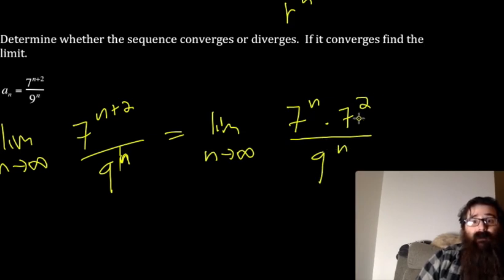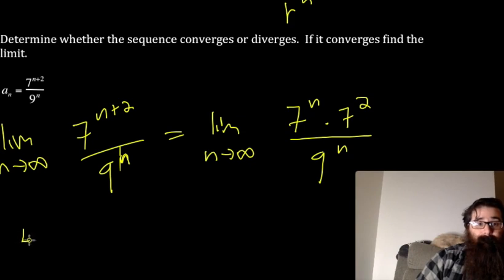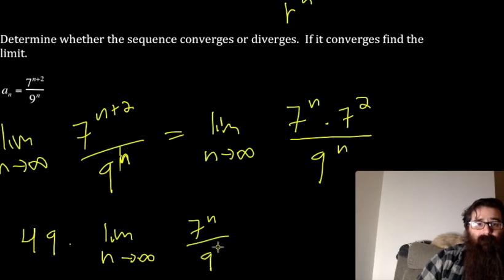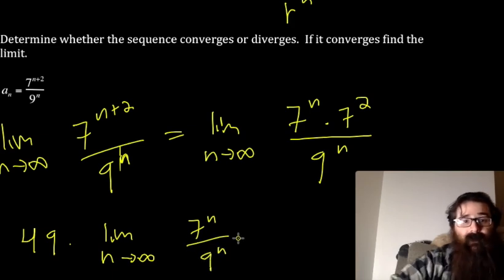And from there, I can take this 7 squared and, if I want, bring it out front of the limit notation. Yeah, I can do that. It's just some coefficient. 7 squared, that's going to give me 49. Times the limit as n goes to infinity of 7 to the n divided by 9 to the n.